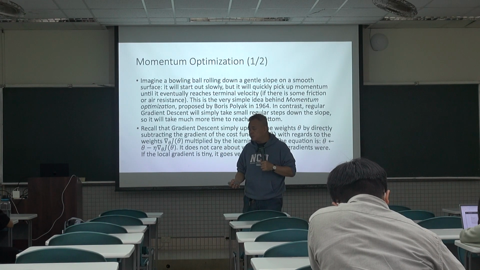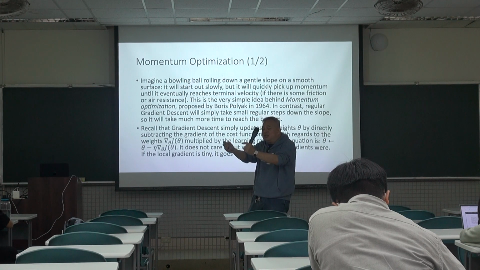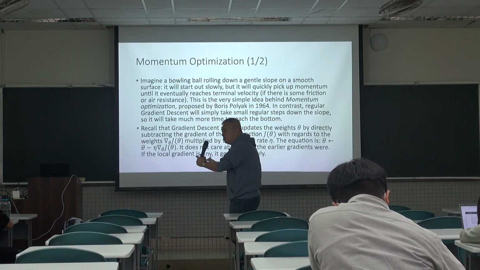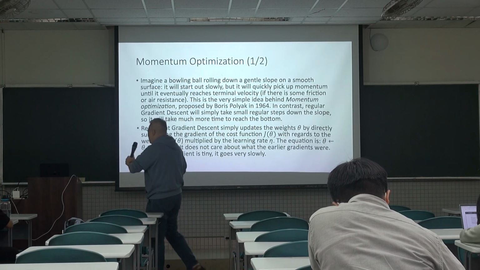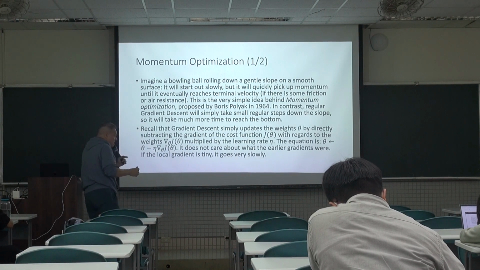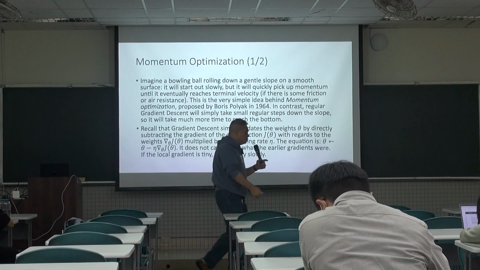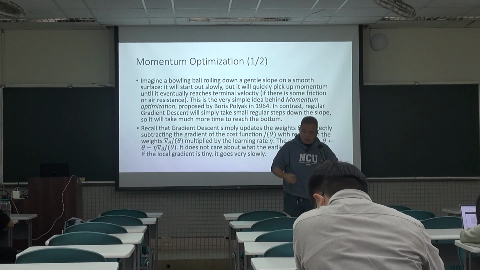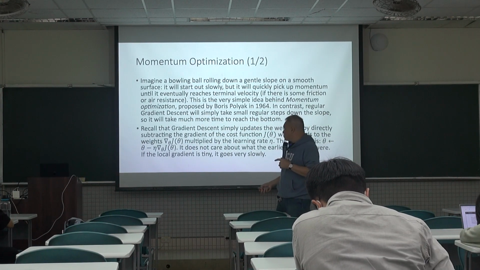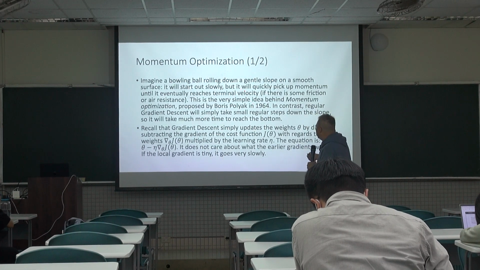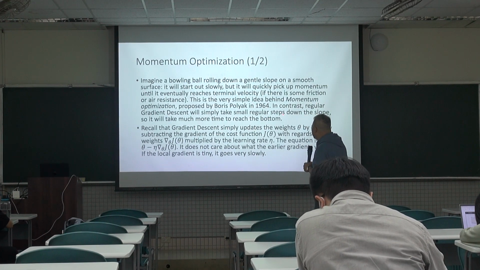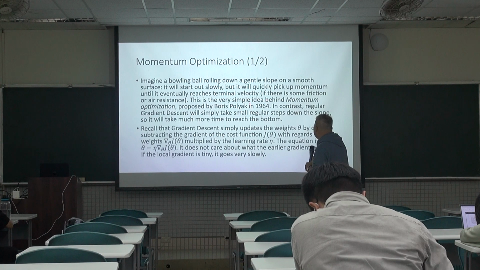It's just now that we use it for deep learning. The same concept has been used in mathematics to find the optimal solution long ago. So momentum optimization was actually proposed in 1964.